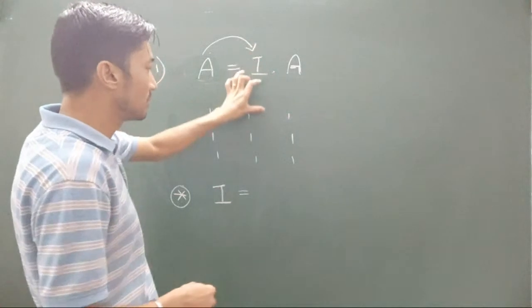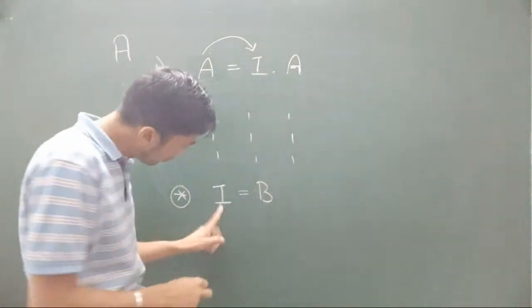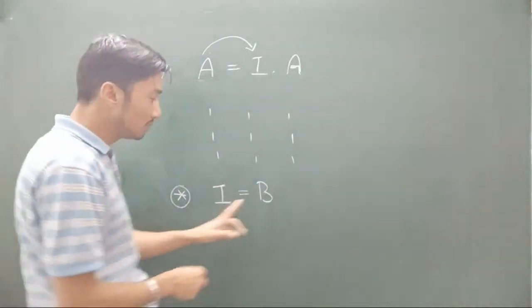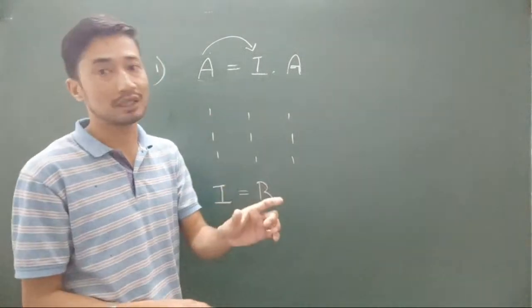It keeps changing, and at the point where you get this as I, you will see that this matrix has changed into a different matrix, not the identity matrix.